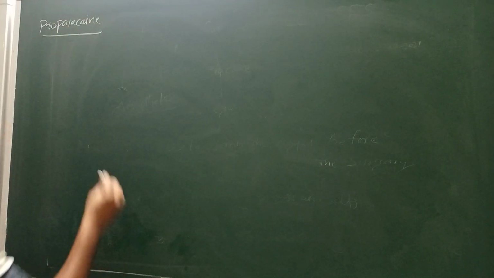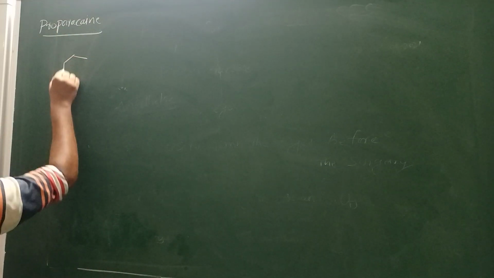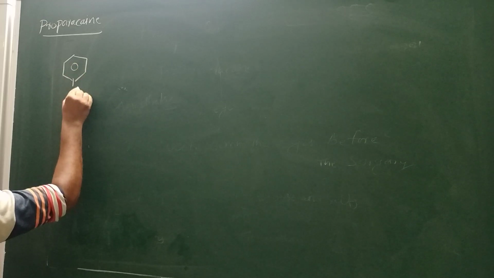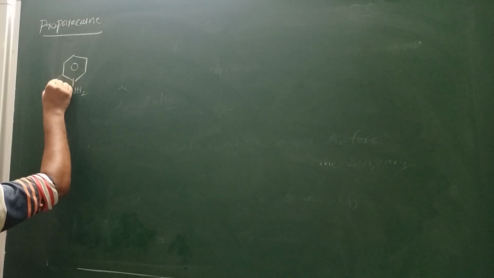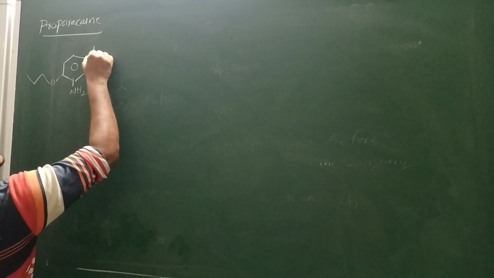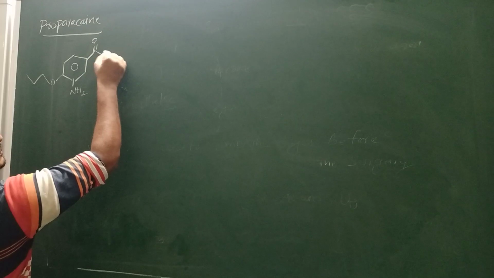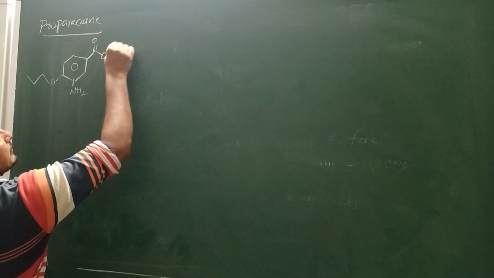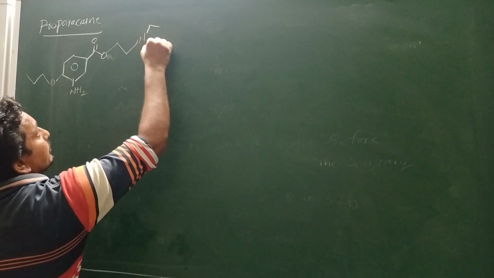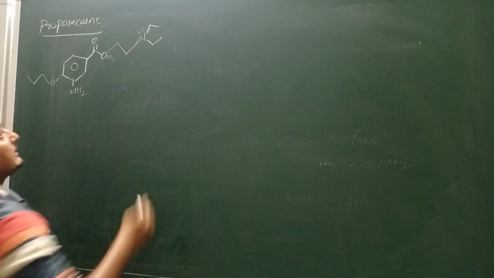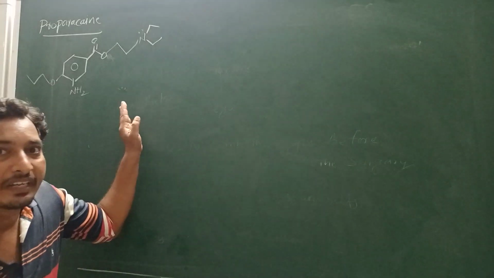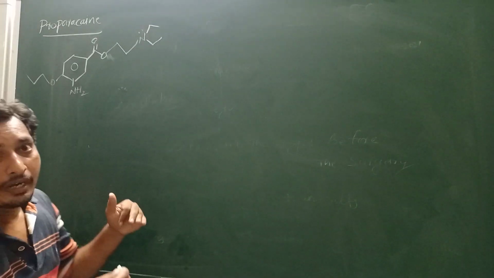The structure of proparacaine is: NH2 group, like this compound, C double bond O, nitrogen diethyl group. This is the complete structure of proparacaine.